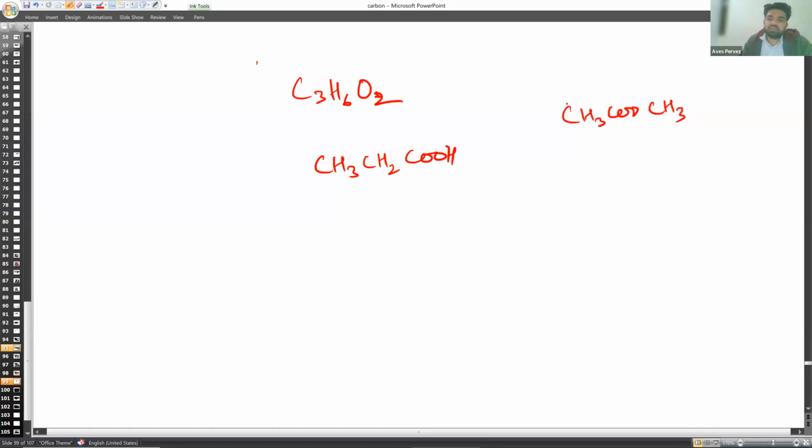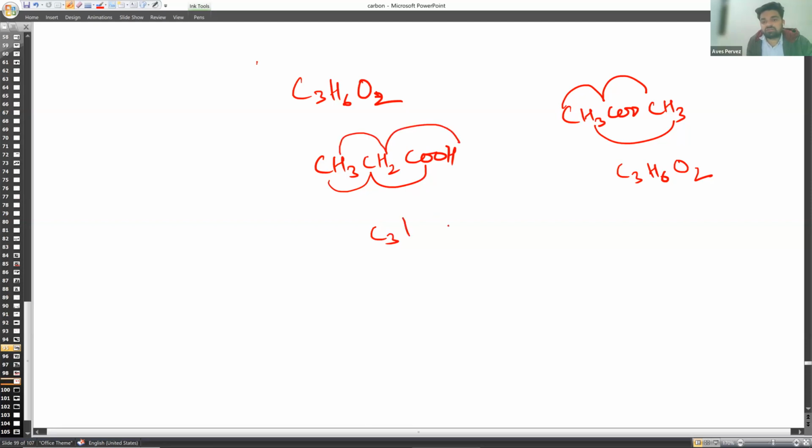Now you can check it: 3 carbon, 6 hydrogen, and 2 oxygen here, and this also has 3 carbon, 6 hydrogen, and 2 oxygen. We can say that carboxylic acids and esters both have the same condensed formula.